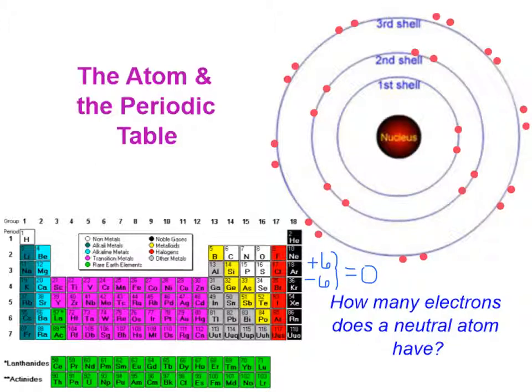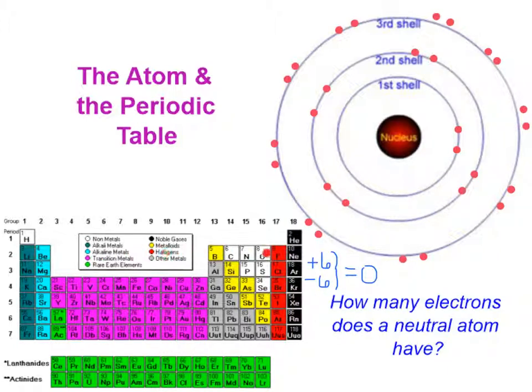Now these energy levels, interestingly enough, coincide with the rows on the periodic table. The energy levels are named using numbers 1 to 7, and there are maximum numbers of electrons that different energy levels can hold. If we look at energy level 1, we only have hydrogen and helium that have valence electrons in energy level 1, and the maximum number of electrons that energy level 1 can hold is 1, 2.